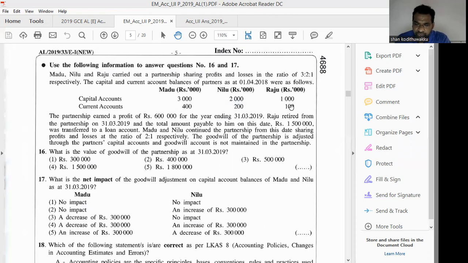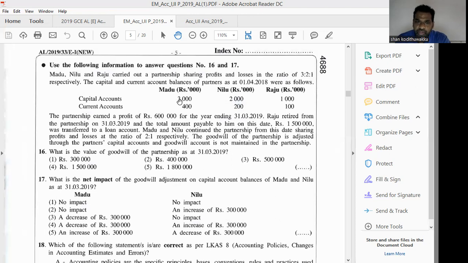Then 200 plus 1,000 will be 1,200. But we are given his closing balance as 1,500. Therefore, another 300 is added to the opening capital account. That means the capital account has increased by another 300 because of goodwill.